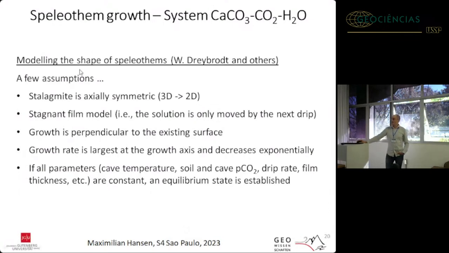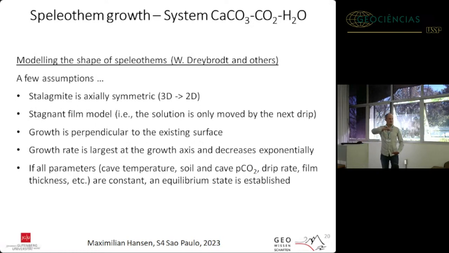So what Wolfgang Dreybrodt and others also did, they tried to model the shape of speleothems, but they had to make a few assumptions for that. The first assumption would be that the stalagmite is axially symmetric, and for the next slides I will show you, they used the stagnant film model, which means that the solution is only moved by the next drip.